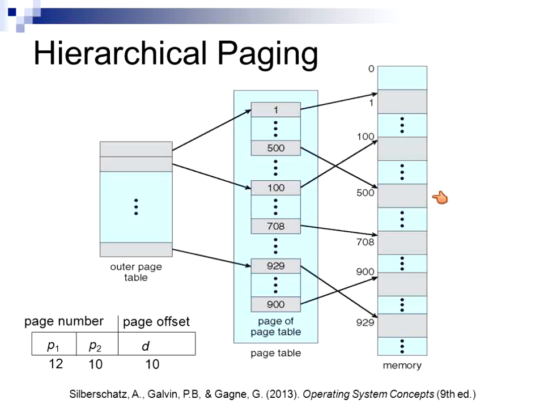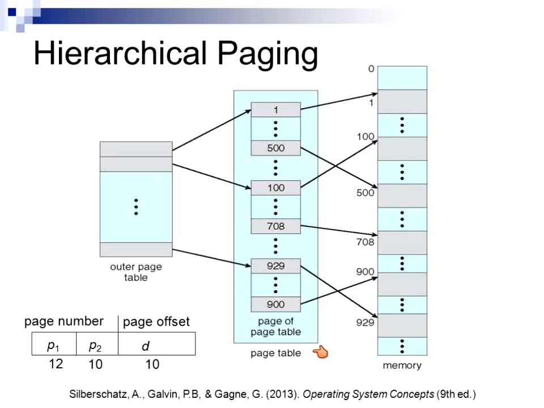I said I didn't have a slide, but it's kind of on this slide anyway. But our page table can get so big, this can be 4 megabytes of memory just in itself. So what we do sometimes is we have a hierarchical paging scheme where we have page tables of page tables. And you don't have this in your homework.